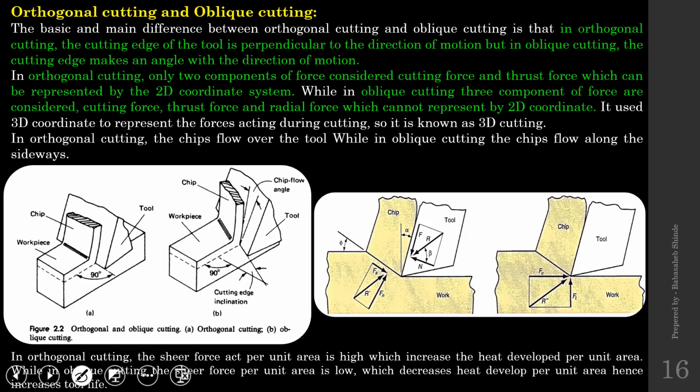Now, before getting into the concept, I'll ask you one simple question that you might have observed in your daily life. Suppose you are at your home and you are helping out your mother, and the task assigned to you is to cut a tomato with a knife.